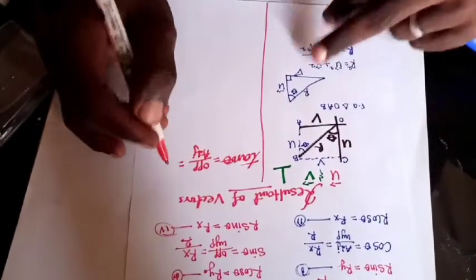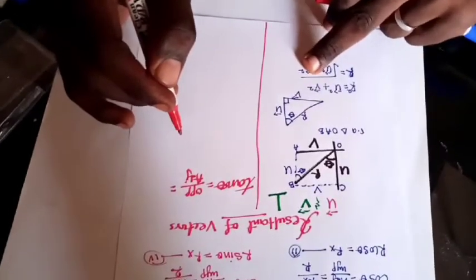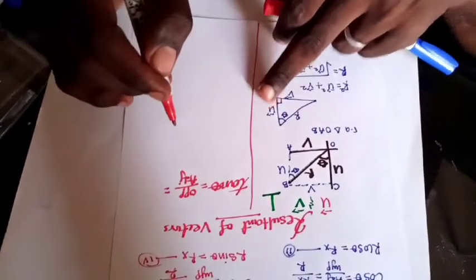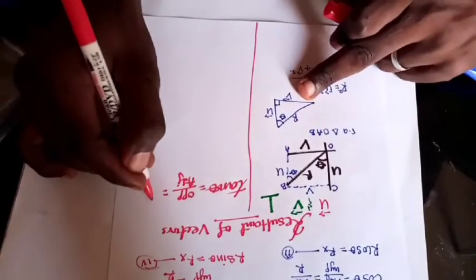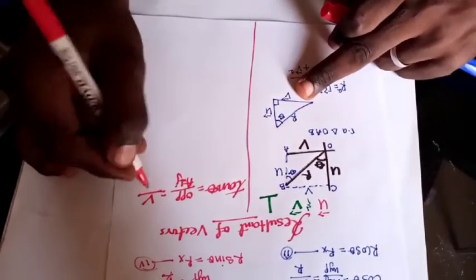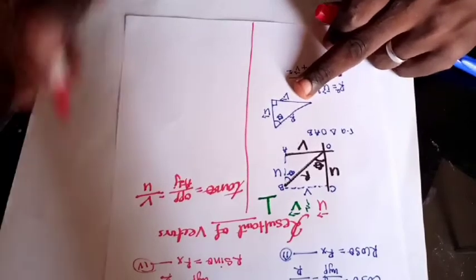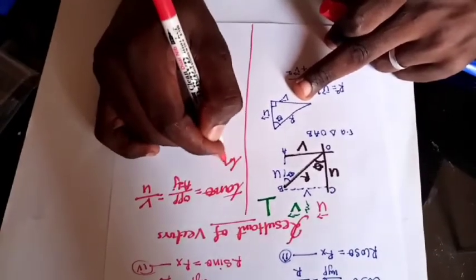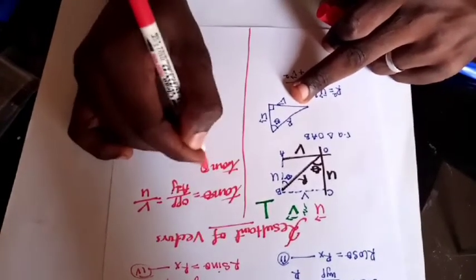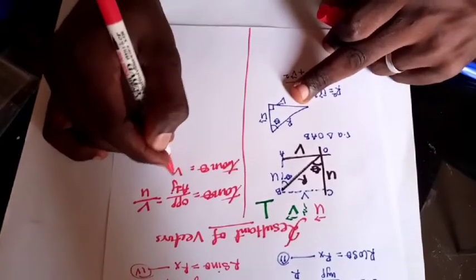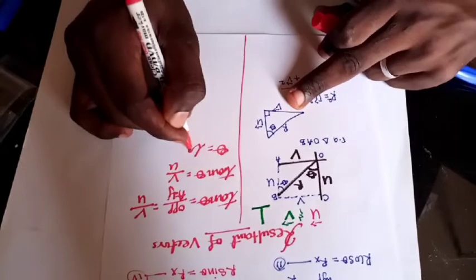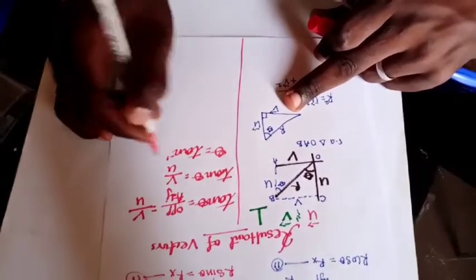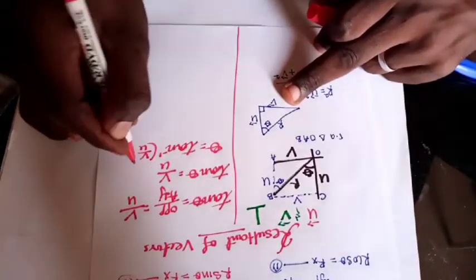Remember, the side facing the angle is called the opposite of that angle, and the other side will be adjacent. Where angle 90 faces will be hypotenuse. So this will be v divided by u. Hence, tan of theta will become v over u. So theta will then become the arctan of v over u.